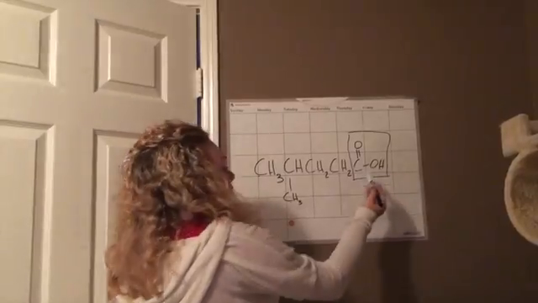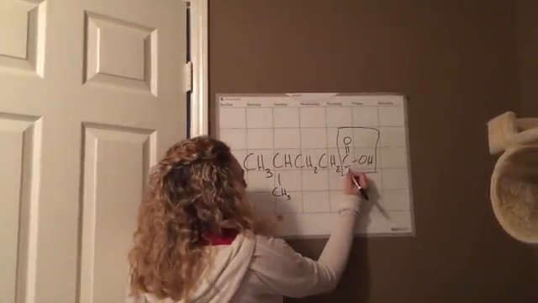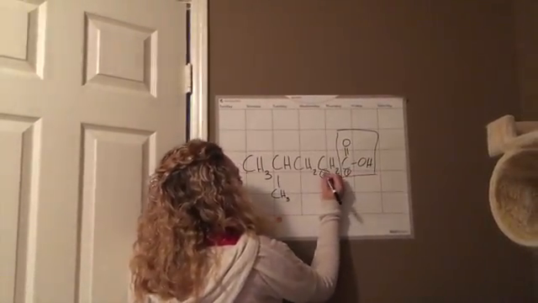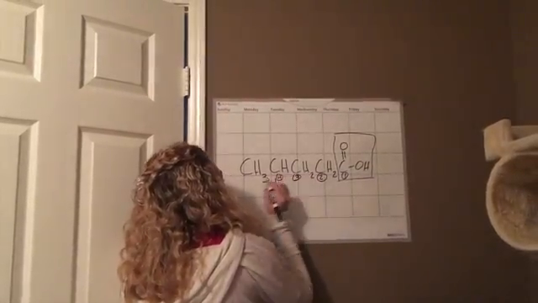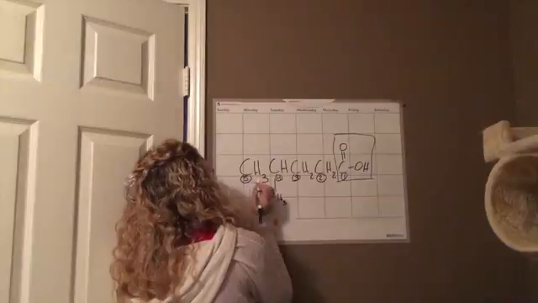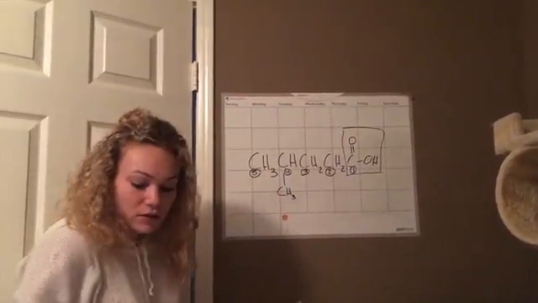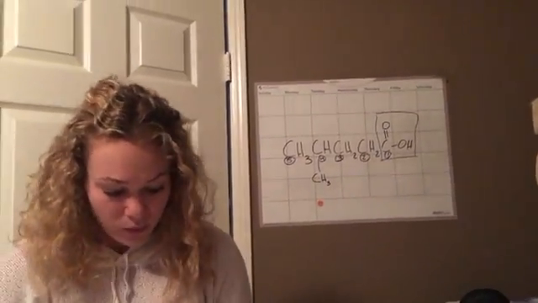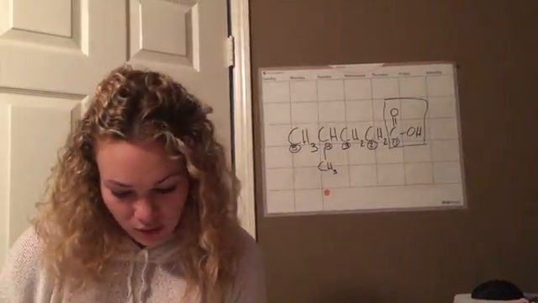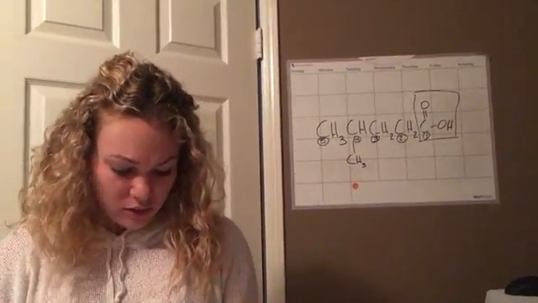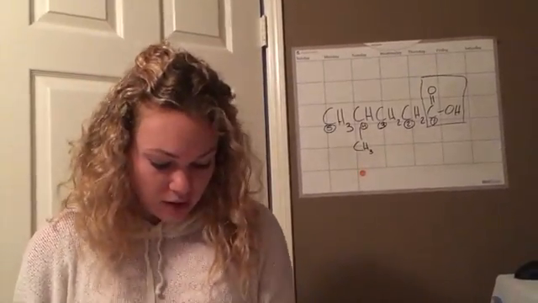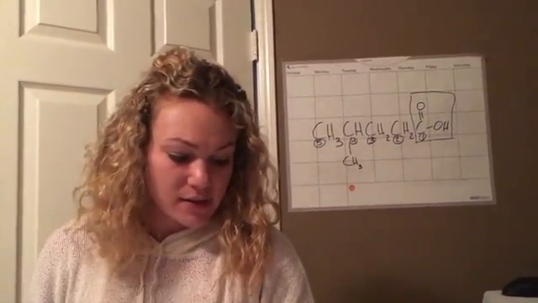We start at the carbonyl carbon, which is carbon number 1, 2, 3, 4, and 5. So for this one, we have a 5-carbon parent chain, which means that it is going to be called pentanoic acid.